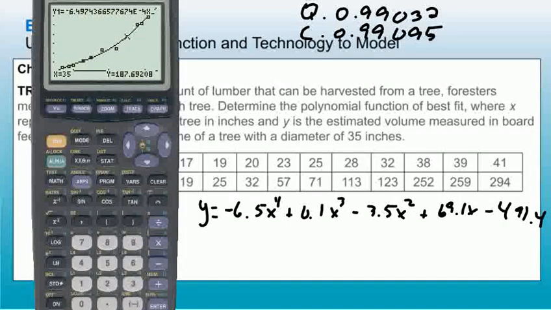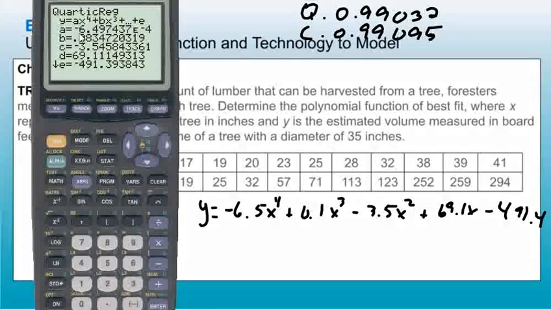Now here we have 187.69. Now if you look at that, that would be almost the exact amount, but they want us to estimate this. So based on the equation that we have, there was one part that I missed when I was writing our equations. So if I went back to here, you'll notice that this a has e to the negative 4th.